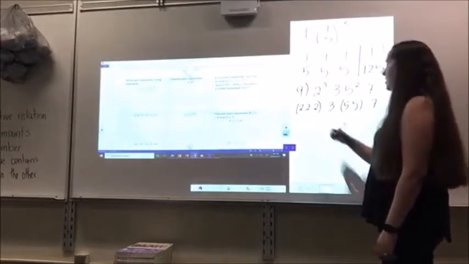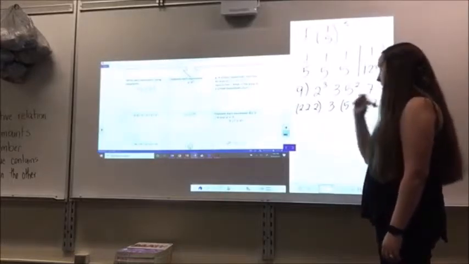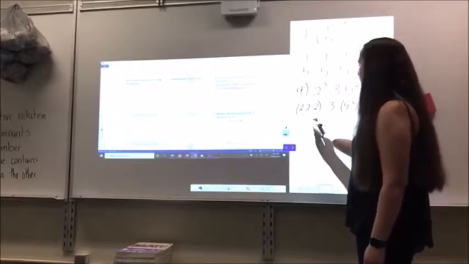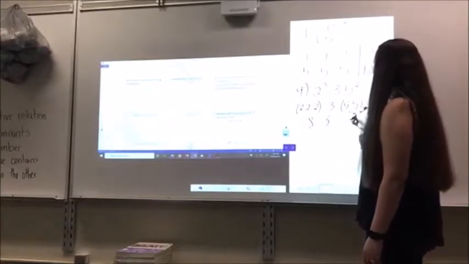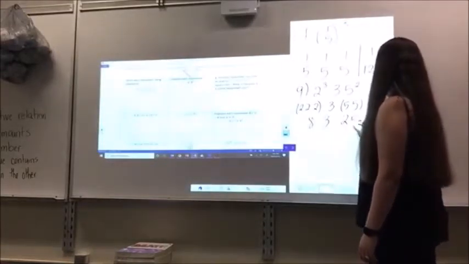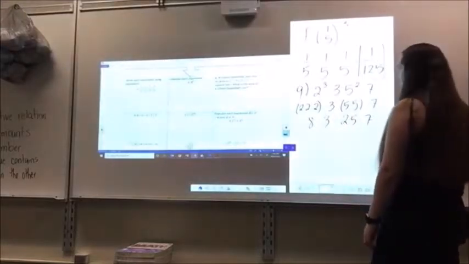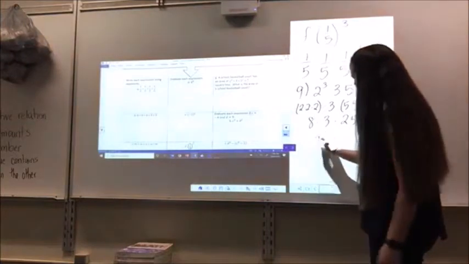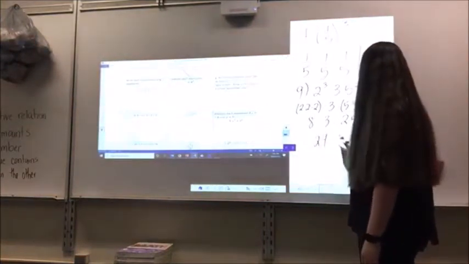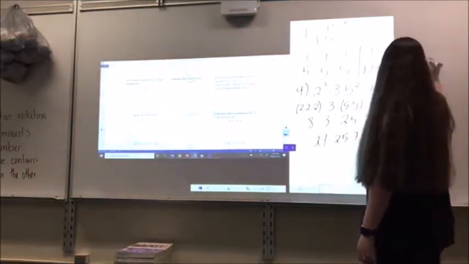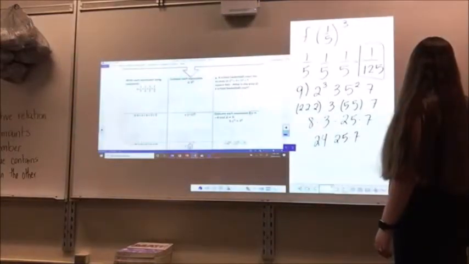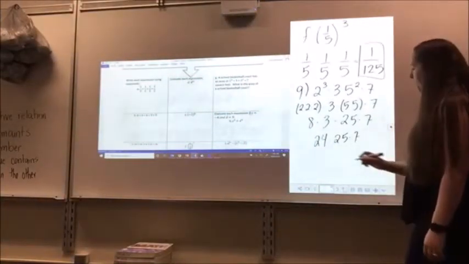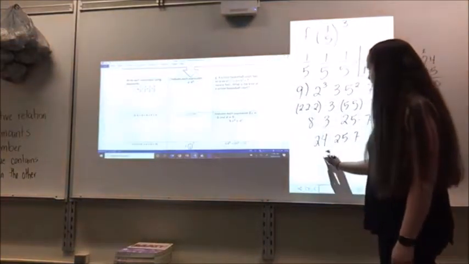So let's go ahead and do the exponents first. 2 cubed, 2 times 2 is 4. 4 times 2 is 8. 5 times 5 is 25 times 7. Okay? So we want to go ahead and multiply these. 8 times 3 gives me 24. 24 times 25 gives me 600.